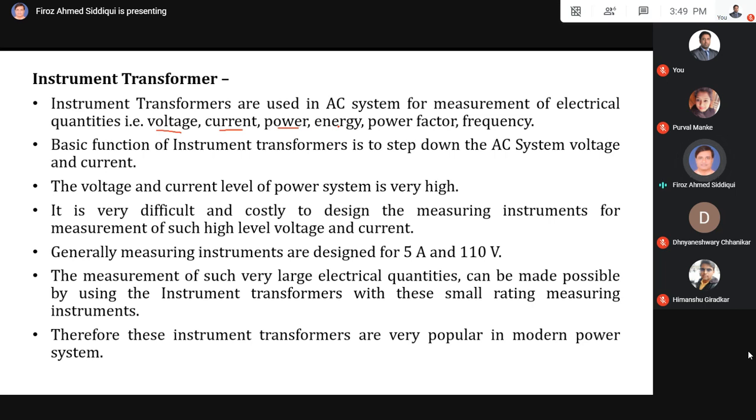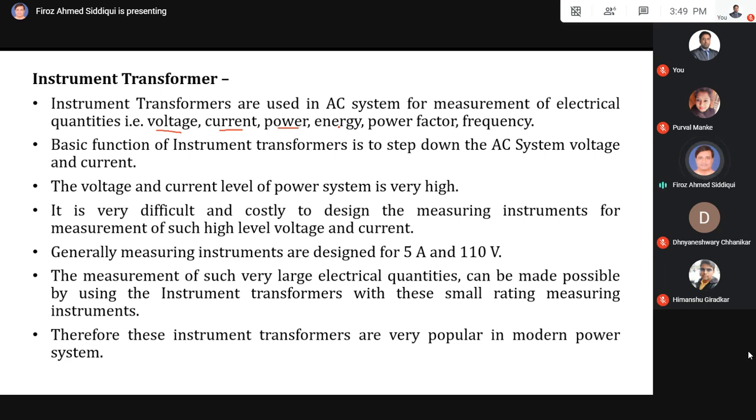The basic function of the instrument transformer is to step down the AC system voltage or current so that you will be able to measure it. Unless you step down the voltage or current, you cannot directly use the instruments which are available with you on the high voltage or high current.